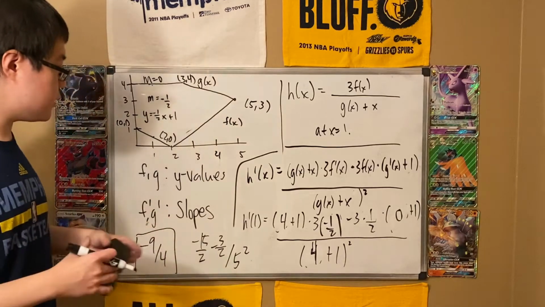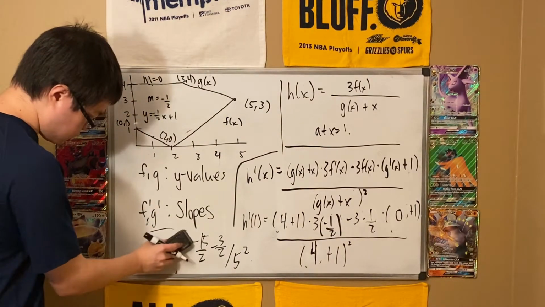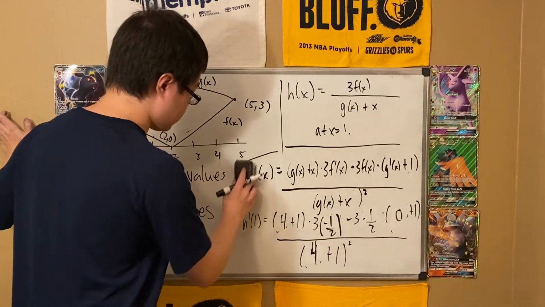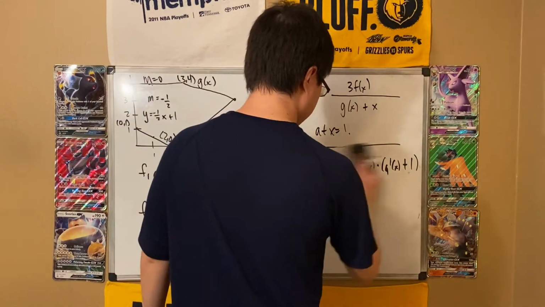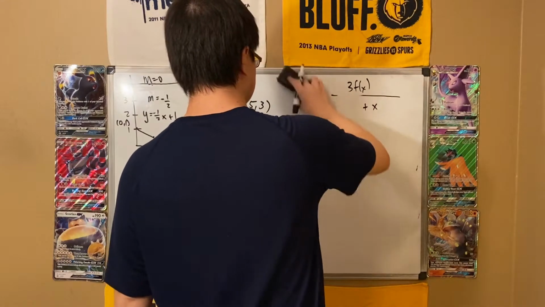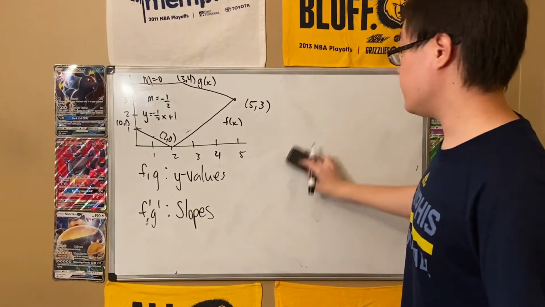But once you do that, and you're careful with quotient rule, you're careful with these points and slopes, you should be good to go. So let's do maybe one more question. Maybe a trickier question. So let's erase this. Let's take a little bit of a harder function.